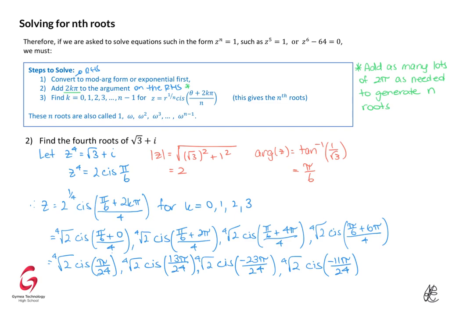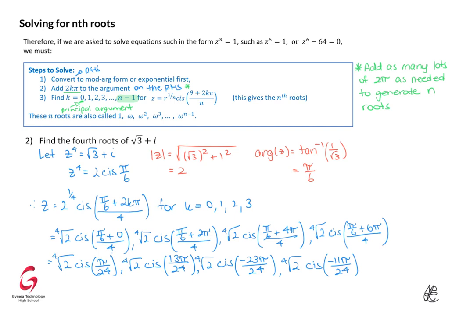And then finally, to generate the roots, we're going to substitute the right values of k starting at 0, where we don't want to add any lots of 2 pi at all, and then 1 lot, 2 lots, 3 lots, and so on, up until 1 less than the number of roots we're trying to generate, remembering that the first root will be generated by adding no lots of 2 pi on at all.